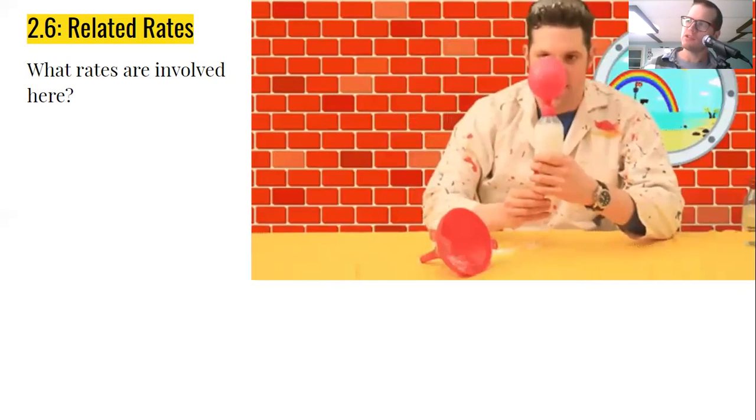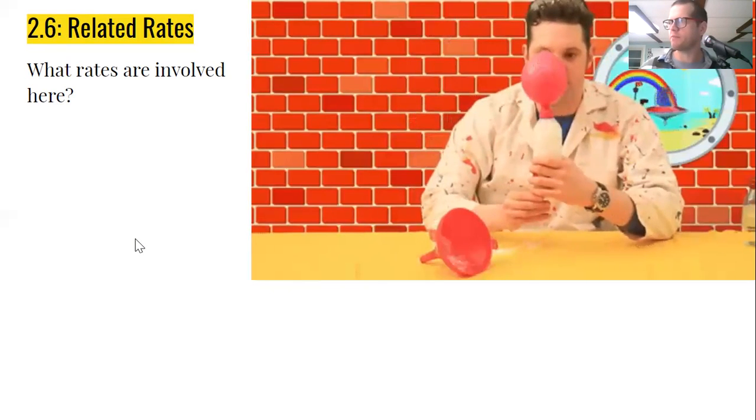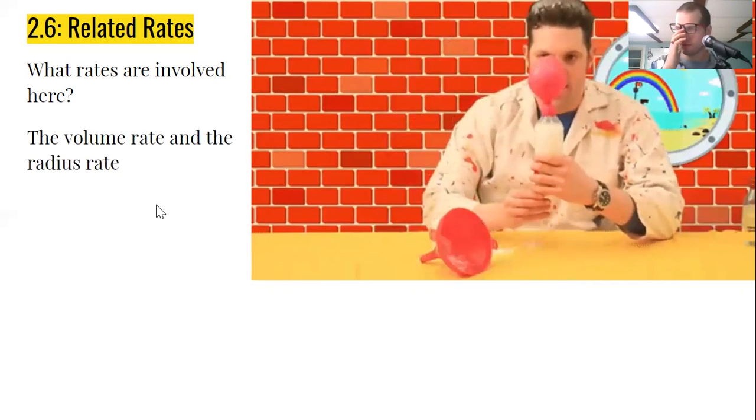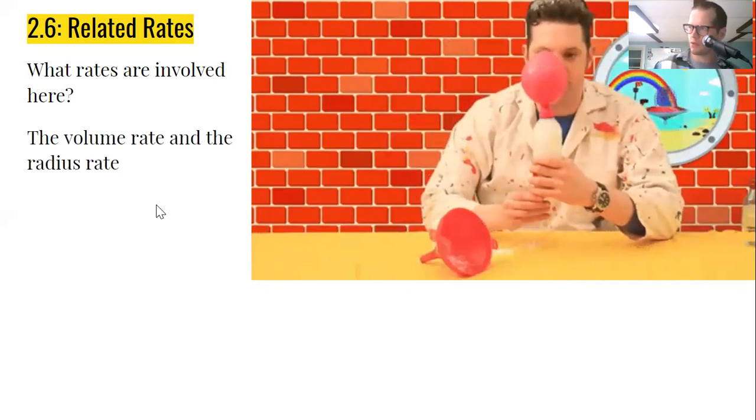All right. As you're looking at that and noticing, there's probably a couple that you're noticing, but in particular, the ones I'm thinking about are the volume rate and the radius rate of the balloon.